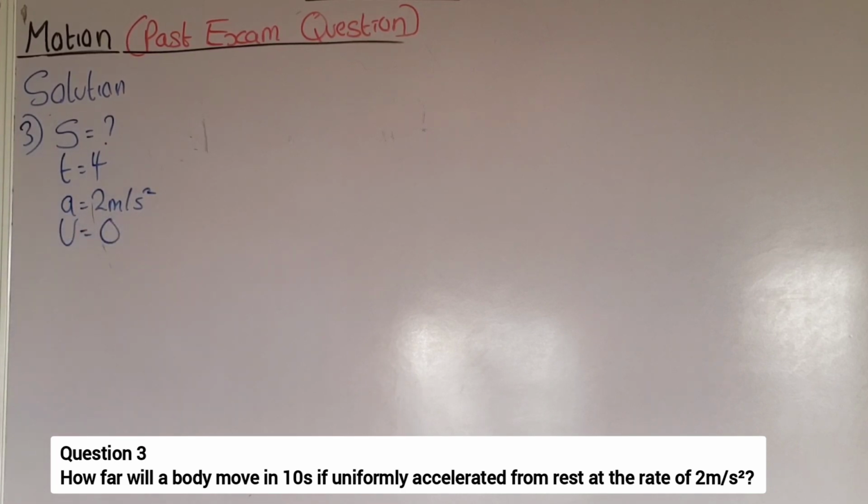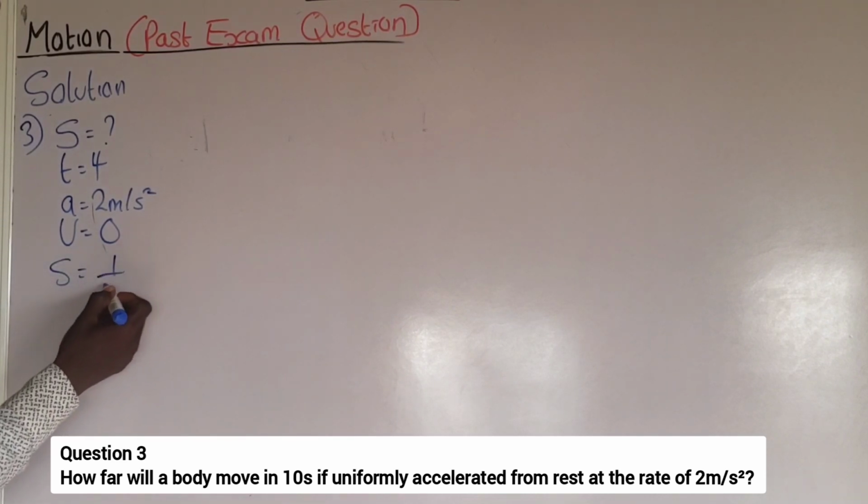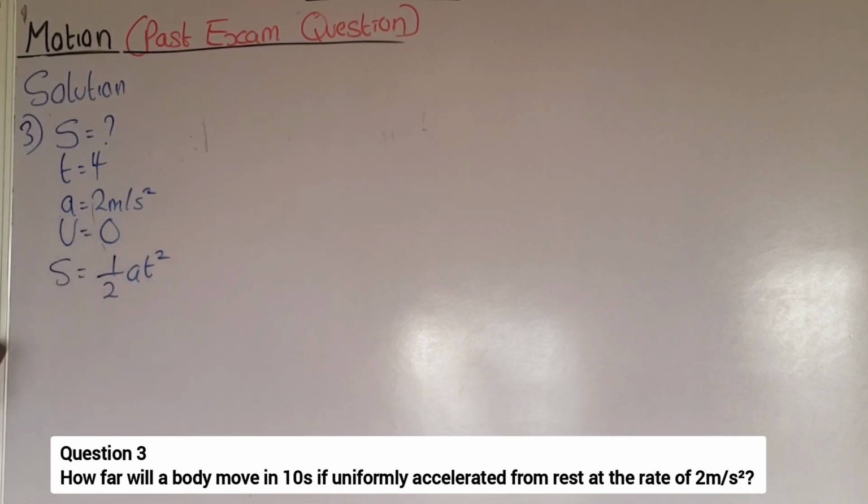Now how do we calculate the distance? The distance here is s equals 1 over 2 at squared. I'm very sure you understand the reason why I didn't have ut: it is because u is 0.